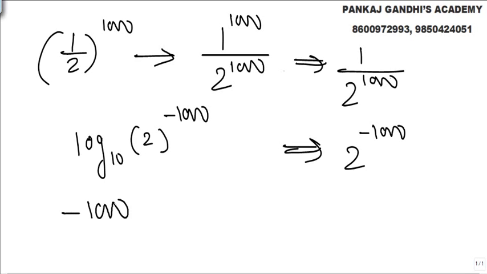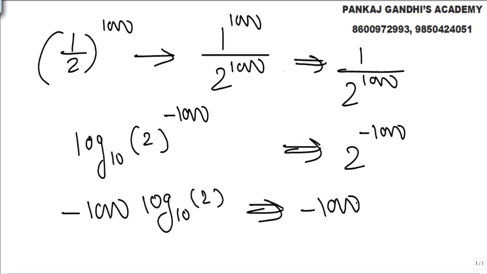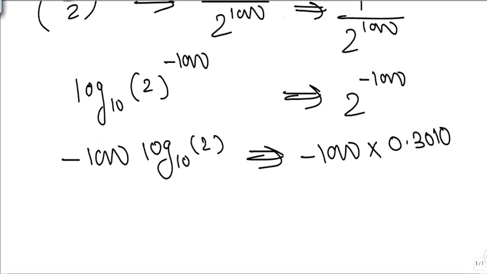So it is minus 1000 into log to the base 10 of 2. We know the value of log 2 is 0.3010. So what we get here is minus 301 point something, whatever comes.